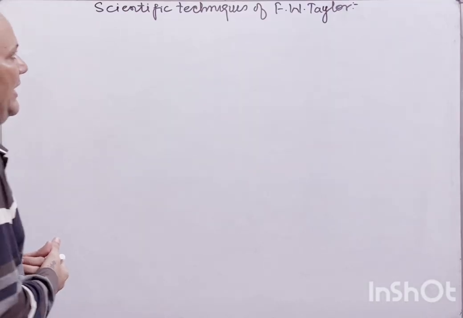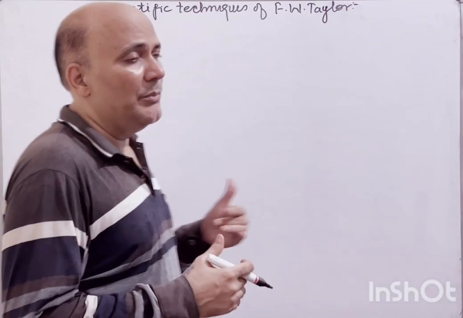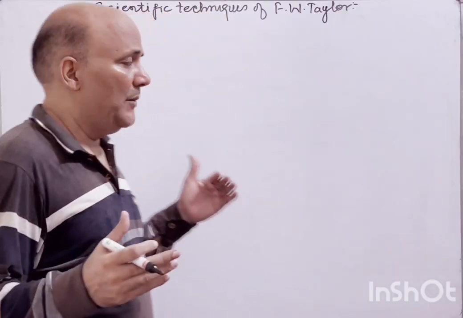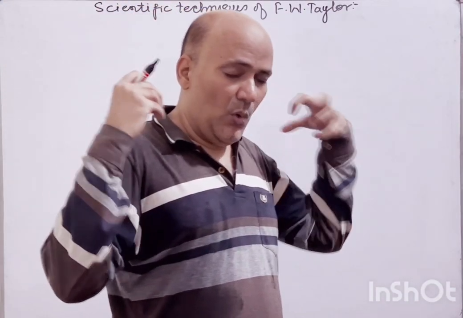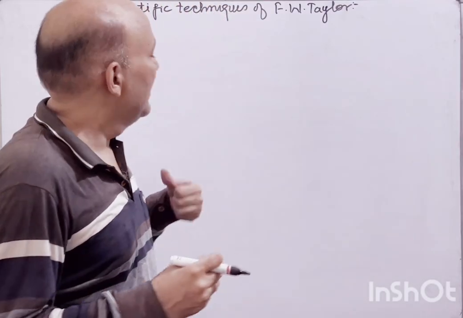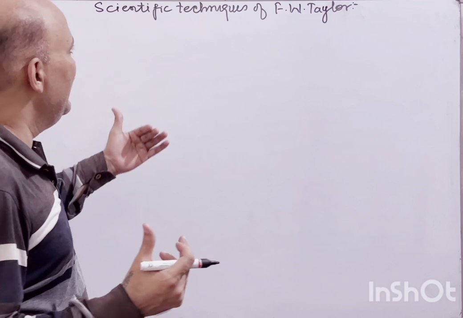So what are the scientific techniques? Those techniques which are used on the basis of experimentation, concluding that they can be more useful compared to experience and thumb rule. That is called scientific techniques, right?